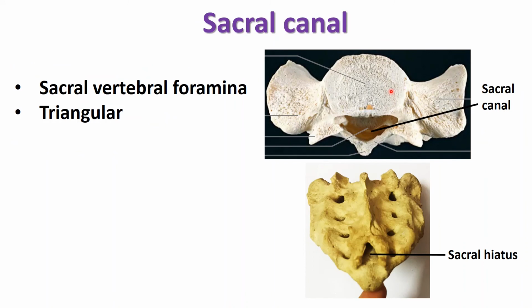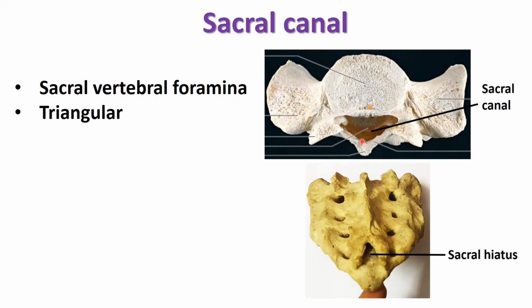Now the sacral canal. The sacral canal is formed by the sacral vertebral foramina, and it is triangular in cross section. The upper end of the canal appears oblique, but actually it is directed upward in a standing position or in anatomical position.